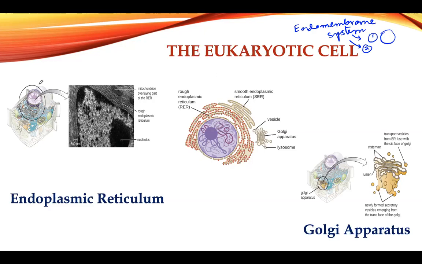So if this is the cell and this is the nucleus, all this endomembrane system originated from the plasma membrane. That's another characteristic feature of the endomembrane system. One of that endomembrane system is endoplasmic reticulum.